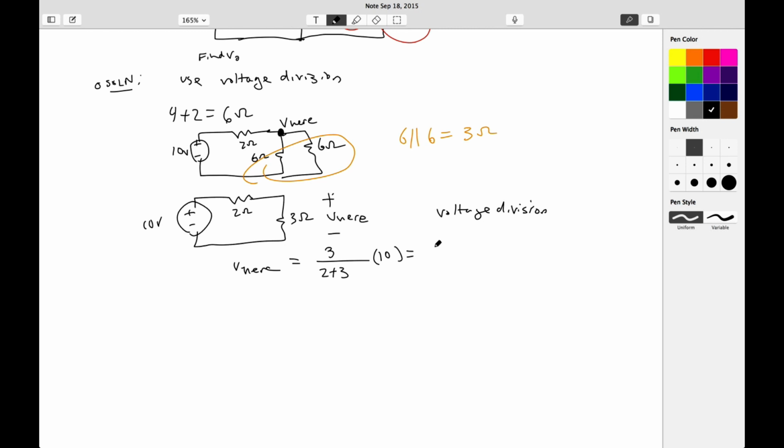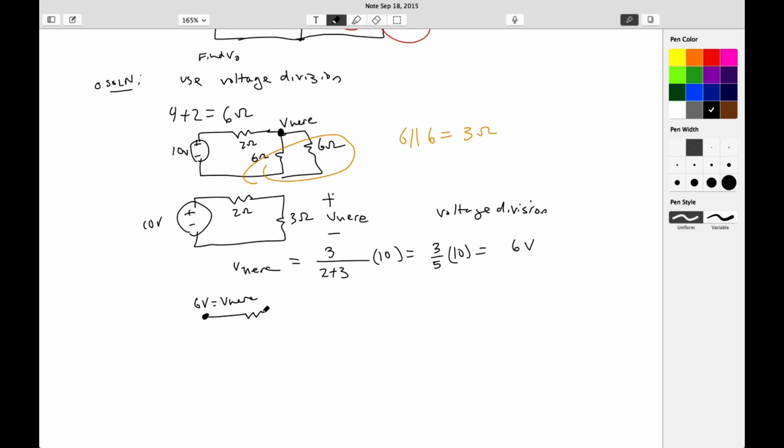So this is going to be 3/5 of 10, which is going to be equal to 6 volts. So now let's take that back and say we have 6 volts, which is equal to V here.